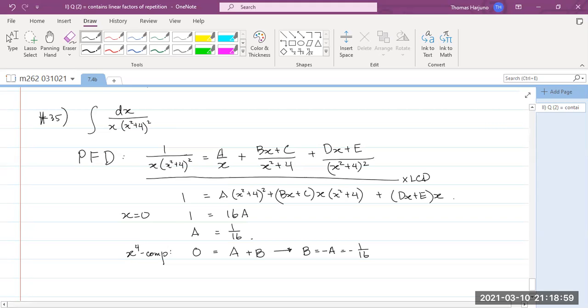What happens when x equals 1? On the left-hand side, I have 1. On the right-hand side, I have 25a plus 5 times b plus c plus, when x equals 1, d plus e. Too many variables.